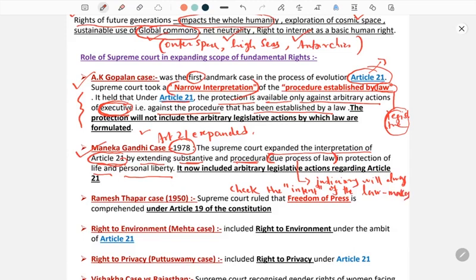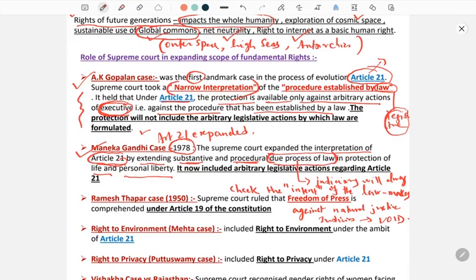Once a trial starts, the judiciary will check whether the intent of the lawmakers is good or not, whether it is against natural justice or not. If the intent is against natural justice, then the judiciary can make the law null and void. This is the meaning of due process of law.